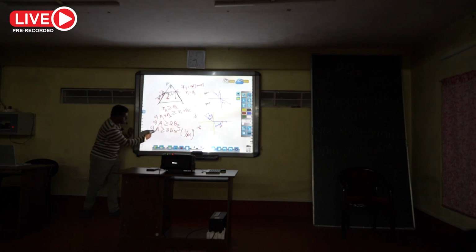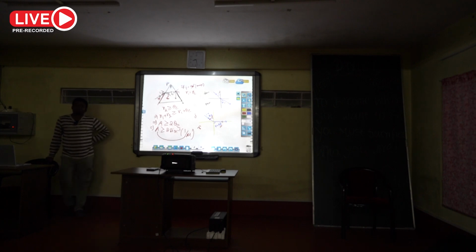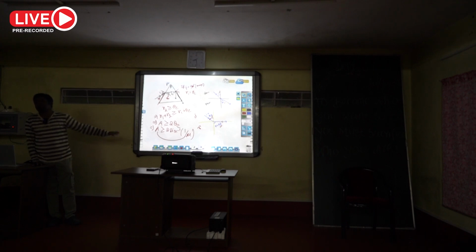That is the relation between A and mu. So whenever the angle of prism is given and mu is given, check whether the angle of prism is greater than 2 sine inverse of 1 by mu or not. That is, 2 times the critical angle or not. That means if this occurs, then no light can come out from the second surface, whatever be the angle of incidence.